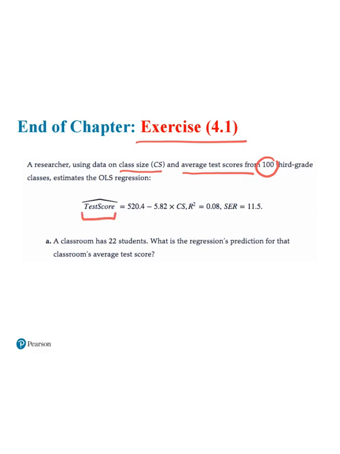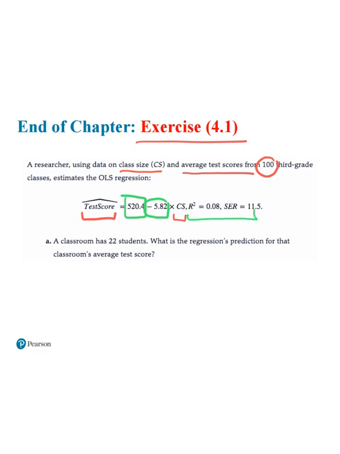We're going to have an independent variable of class size, very similar to student-teacher ratio, and we're going to estimate the relationship between these two variables. We find then that the slope is negative 5.82 and the intercept is 520.4. We'll talk about this other information a little bit later.